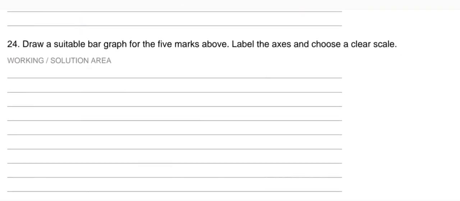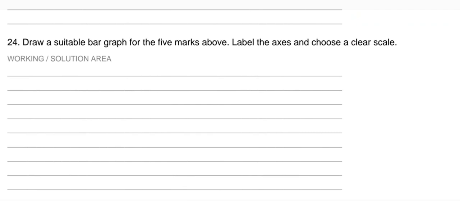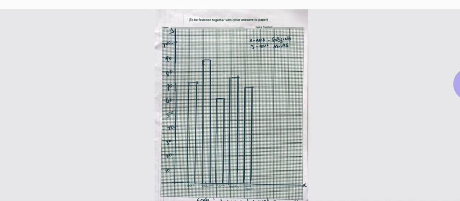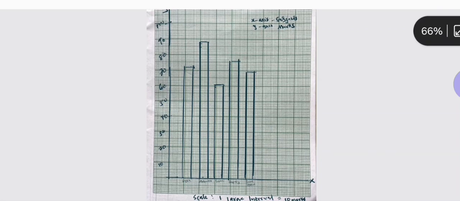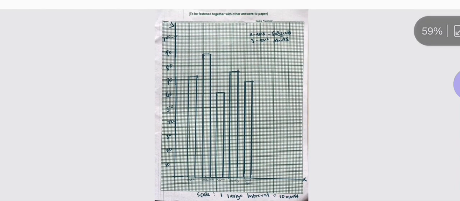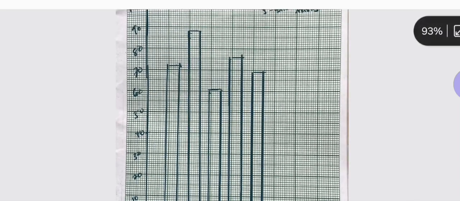Question 24. Draw a suitable bar graph for the 5 marks above. Label the axis and choose a clear scale. Have you seen how it looks like? So this is the top here.